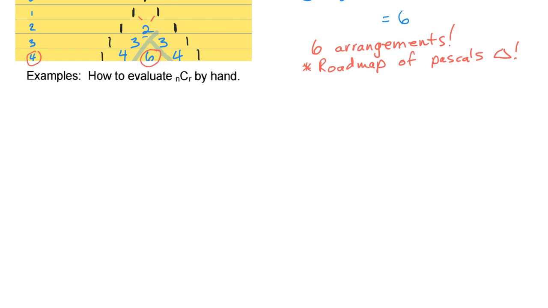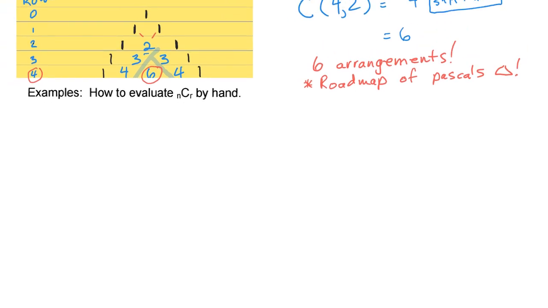The first thing you need to understand is when we are using Pascal's triangle or nCr, if I have C of n, r, it really means n is the row in Pascal's triangle and r is the term number, i.e. the zeroth, the first, the second, the third, the whatever.